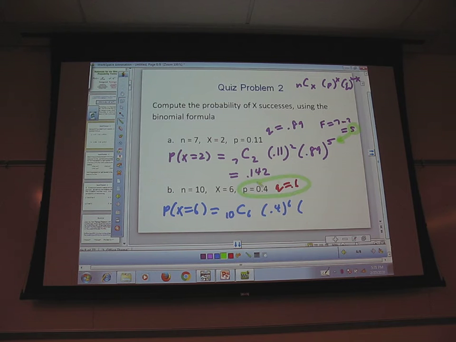Remember, these two add up to 1. And then my failures must be 10 minus 6, so that's 4. So this would be 0.6 to the 4th.